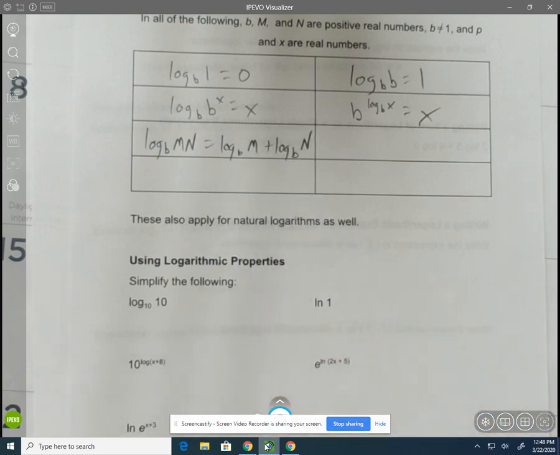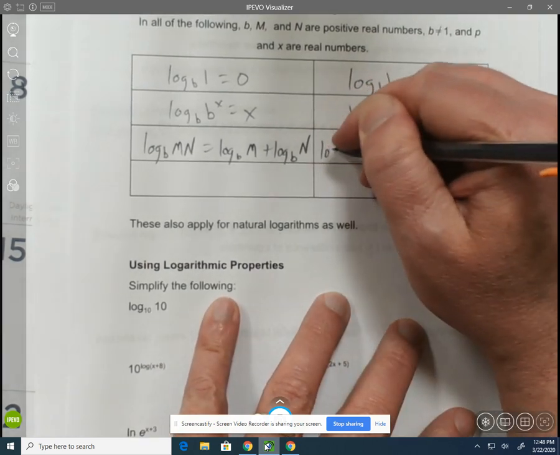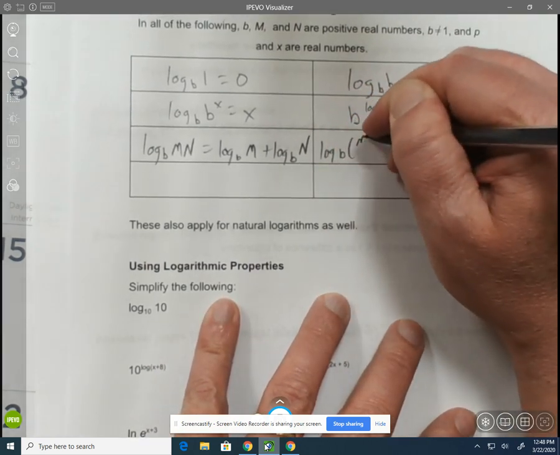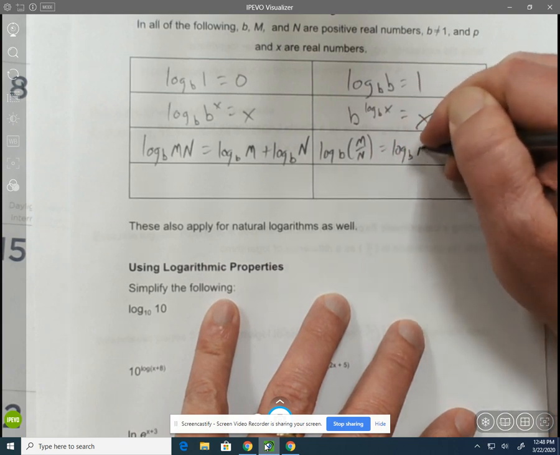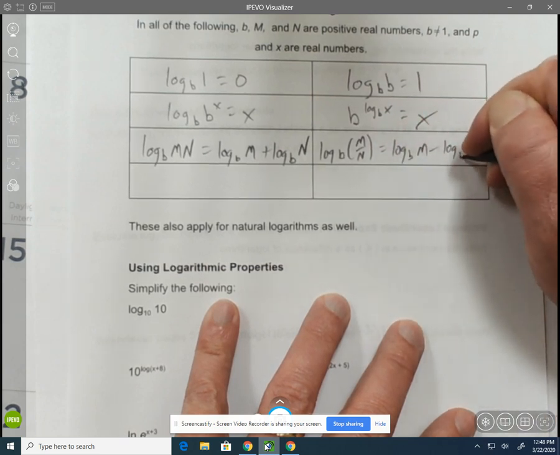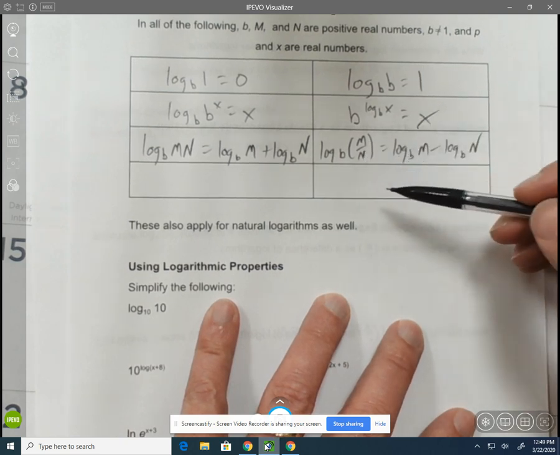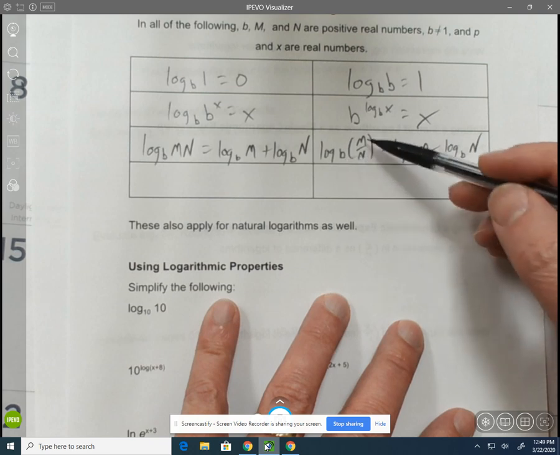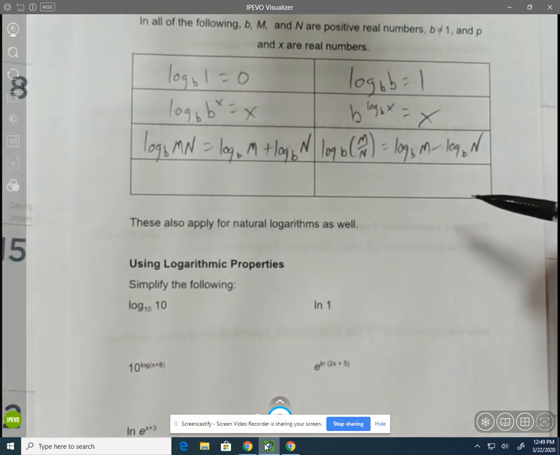Similarly, if I have log base b of a quotient, m over n, then I can subtract: log base b of m minus log base b of n. If I'm dividing two things with like bases, I can subtract their exponents, so similarly I can subtract their logarithms.